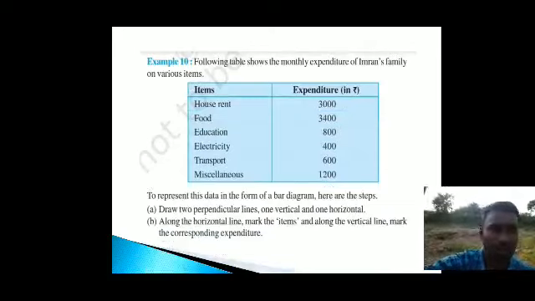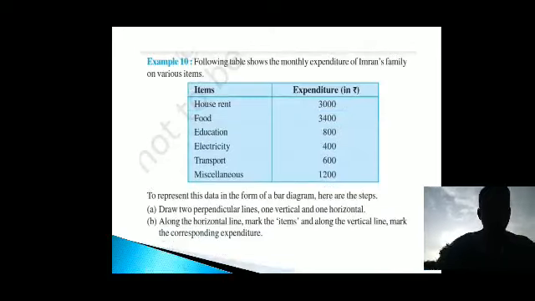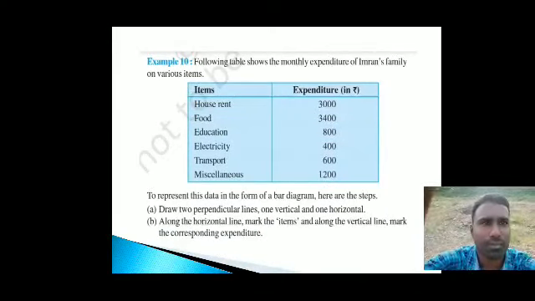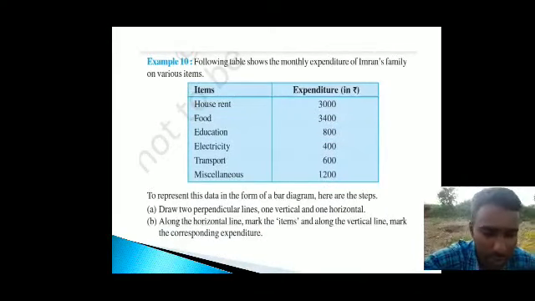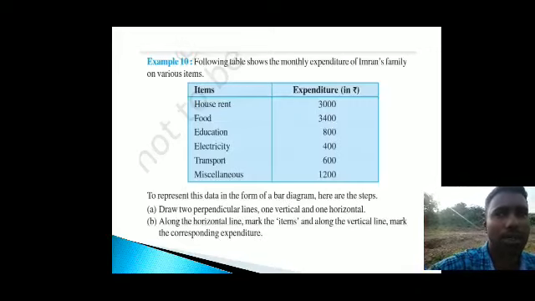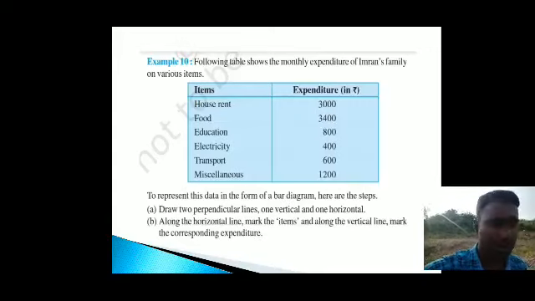Okay, the first problem. What is that first problem? The following table shows the monthly expenditure of Imran's family on various items.